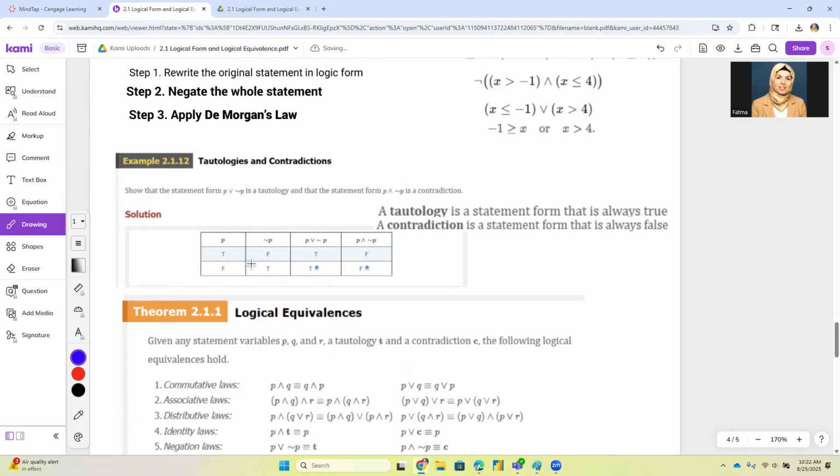Because always one of them is true, this is a tautology here. And then when we look at the AND one, AND can be only true if both of them are true, and we don't have that case. So P and not P is a contradiction. So tautology means always true, contradiction means always false.